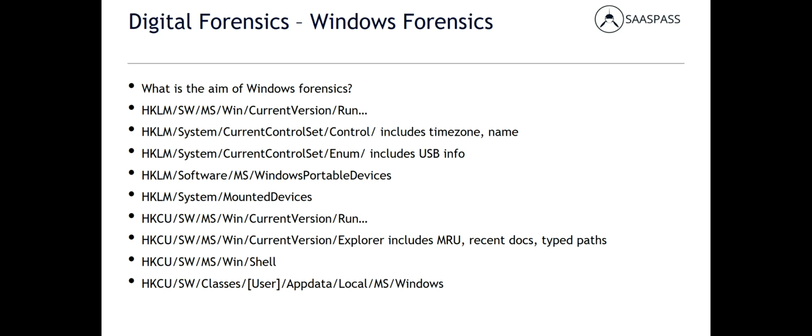A very valuable part of the registry is the Explorer part. If you browse through current user software, Microsoft, Windows, CurrentVersion, and Explorer, this key includes most recently used folders, recently used documents, and paths that are typed.